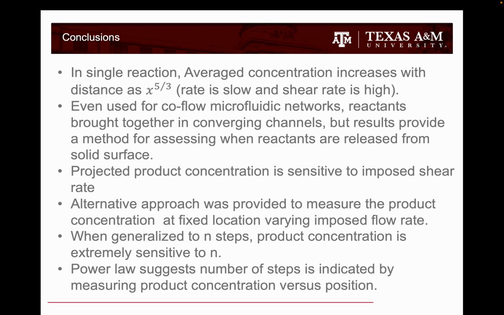As an example, for a 3-step reaction, the product concentration increases as x power 7 by 3, while for a 4-step reaction it increases as x cubed. So this is quite awesome because as we know how the product concentration varies with x, we also automatically know how many steps and how many intermediates there are by just measuring the product concentration versus the position.